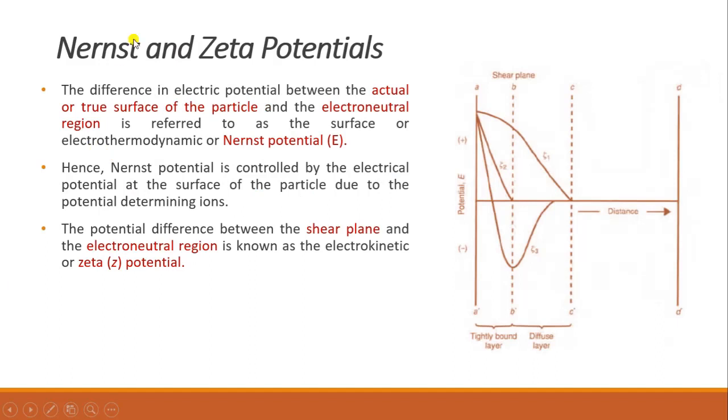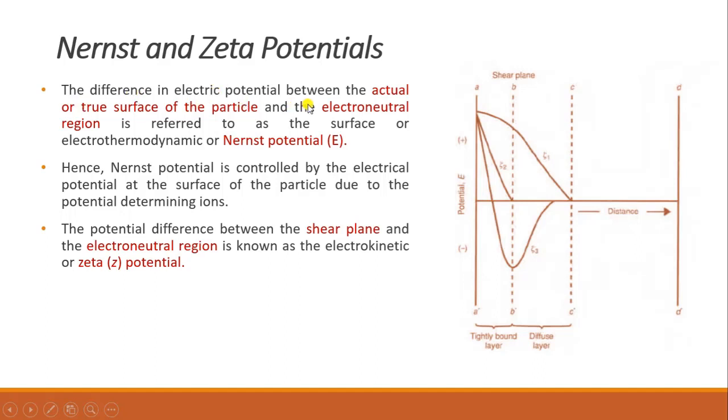Next topic is Nernst and Zeta potential. So the change in potential as we move from the surface of the solid particle, that is from AA dash to DD dash in the electric double layer, can be explained by this diagram. To describe the potential, there are two different types of potential, Nernst potential and Zeta potential.